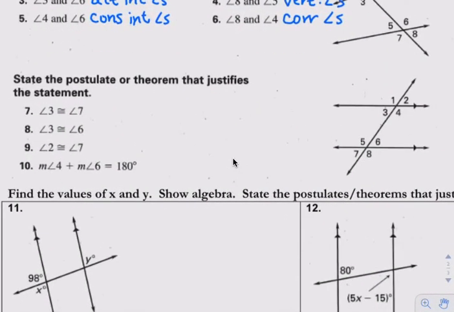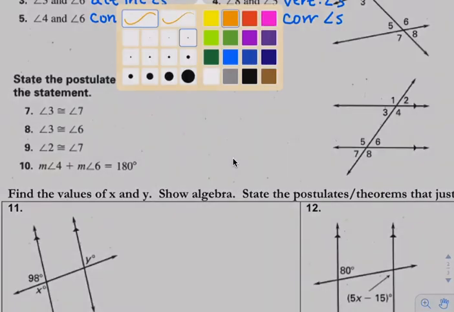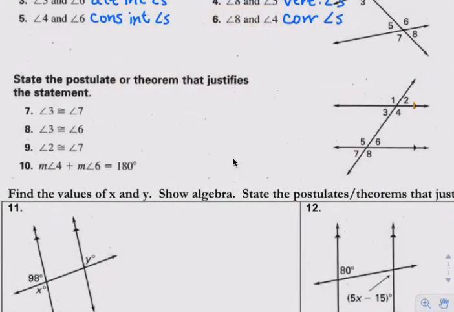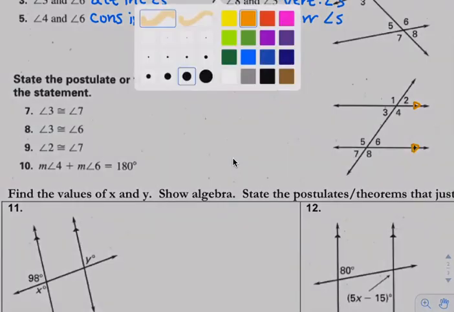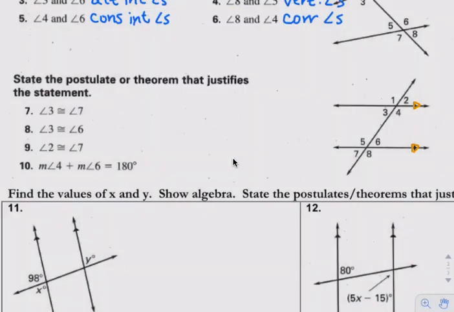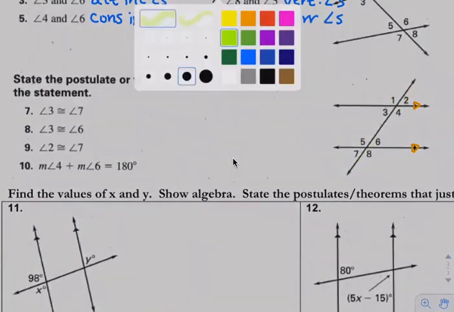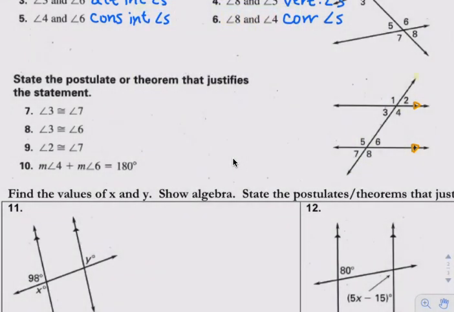Okay, now in the next picture you are told that the lines are parallel. So you can see right here it says that the lines are parallel to each other. And so here's your transversal. That's a little bit thick. There's your transversal. And so why would 3 and 7 be congruent?